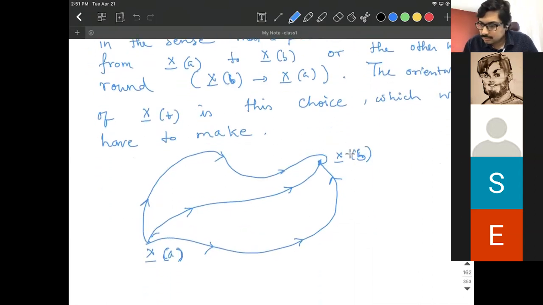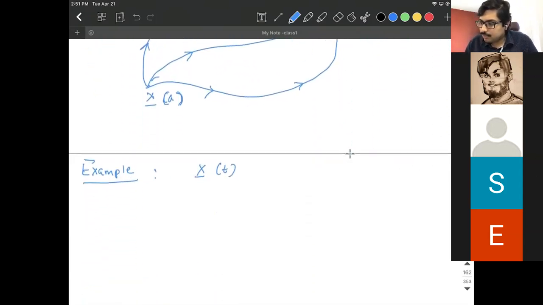Okay, so that's a little bit more formal definition. So let's see this example. Suppose x(t) is given by this function, and t varies between 0 and 1.